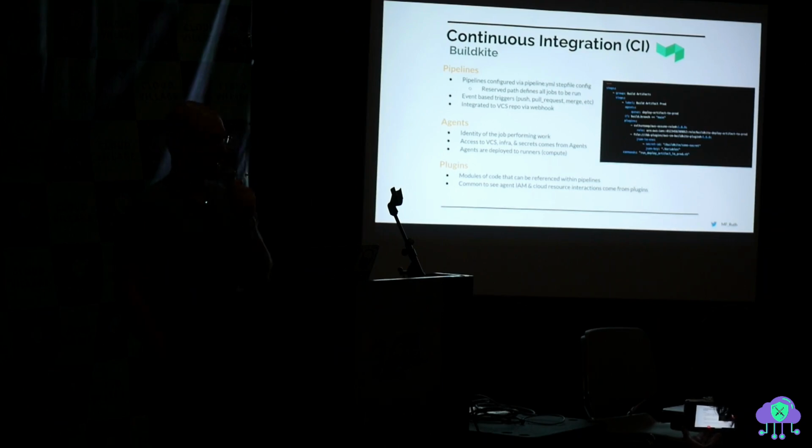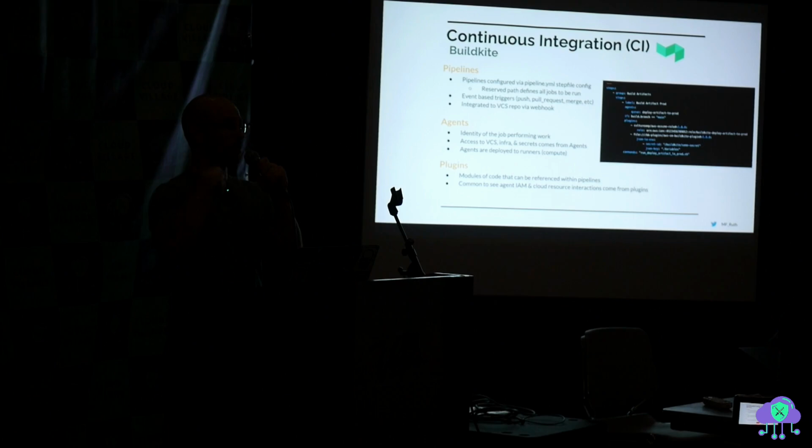Again, very similar, it has agents for its identity, so you define an agent inside of the configuration file, and that agent is a token that gets provisioned on the runners, those are Buildkite's compute, and then that gets access through an IAM role via AWS, a service account if you're in GCP, Azure, or another cloud. And we can see an example of this on the right.